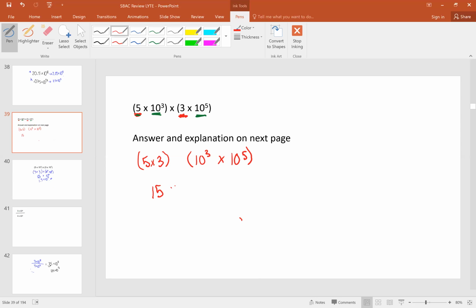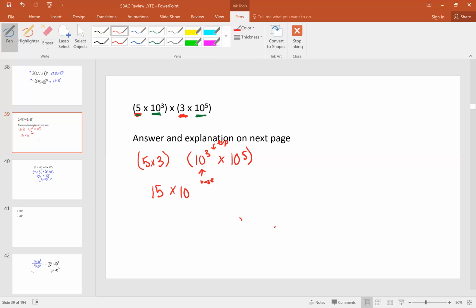Now, the other part is 10 to the 3rd times 10 to the 5th. Now, if you watched the video yesterday, you would know your multiplication of exponents rules. Now, this is a base, and this is an exponent. When I have a base and an exponent and no coefficient, I know that bases are always going to stay the same.